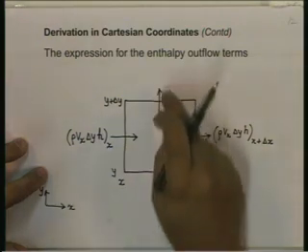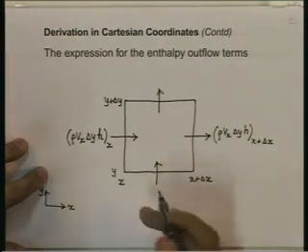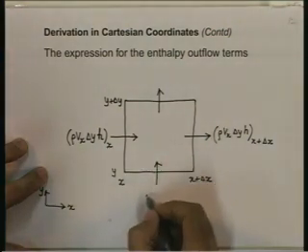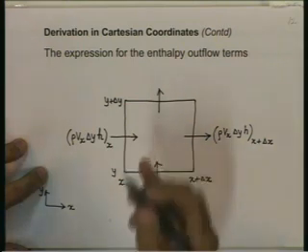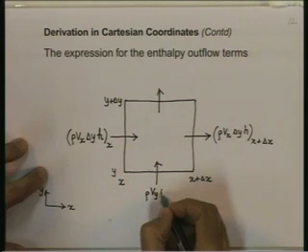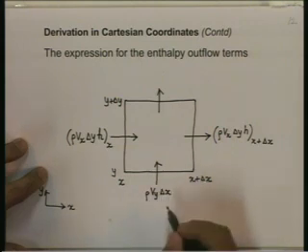Let's look at these two enthalpy flows. The mass flow in here will be rho into Vy. We are now looking at the flow in the y direction. Area will be delta x into 1.